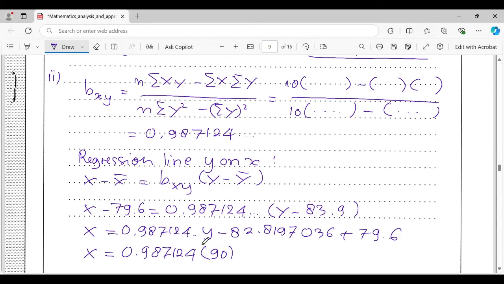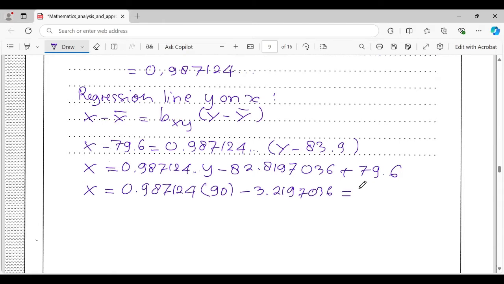And then because the student score is 90, you can find the result is 85.621, and so on, which approximately becomes 86.